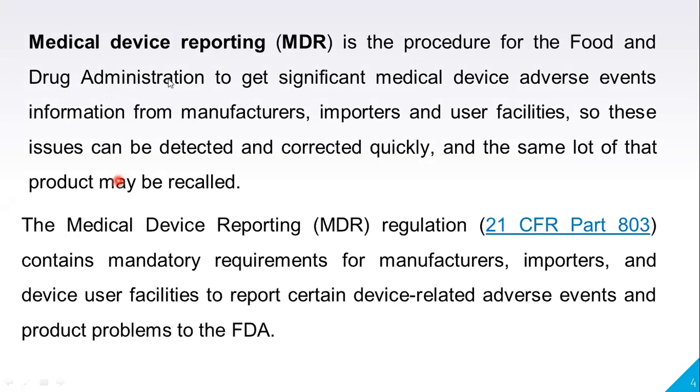Right? So medical device reporting is the procedure for the Food and Drug Administration to get significant medical device adverse event information from manufacturers, importers and also user facilities. What do you mean by user facilities here?